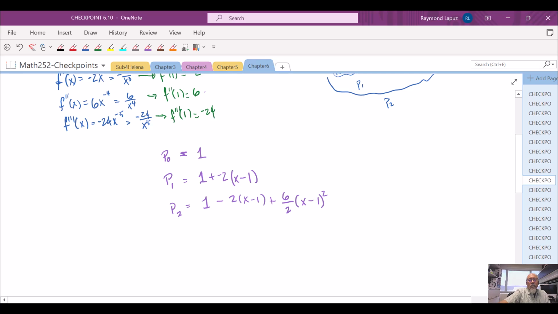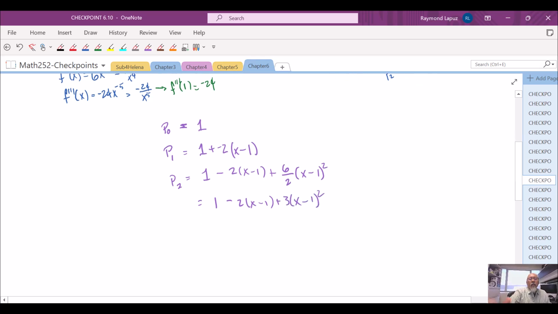Let's simplify this a little bit. This is going to be 1 minus 2 times x minus 1 plus 3 times x minus 1 squared. So that's our quadratic term. Then finally our cubic term, p sub 3, is going to be the same thing, 1 minus 2 times x minus 1 plus 3 times x minus 1 quantity squared.